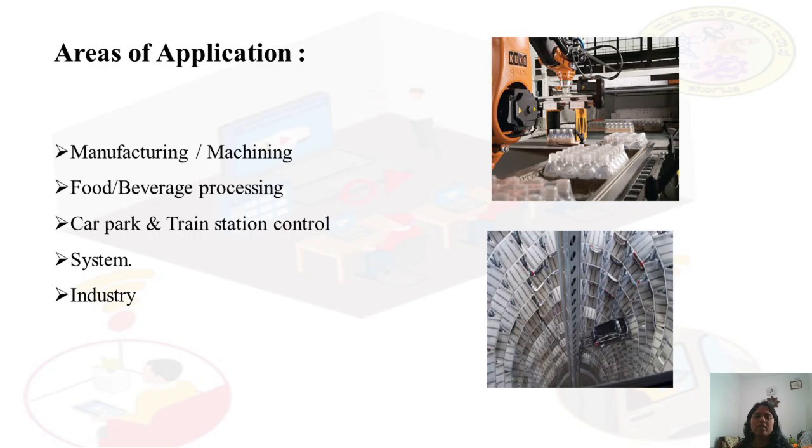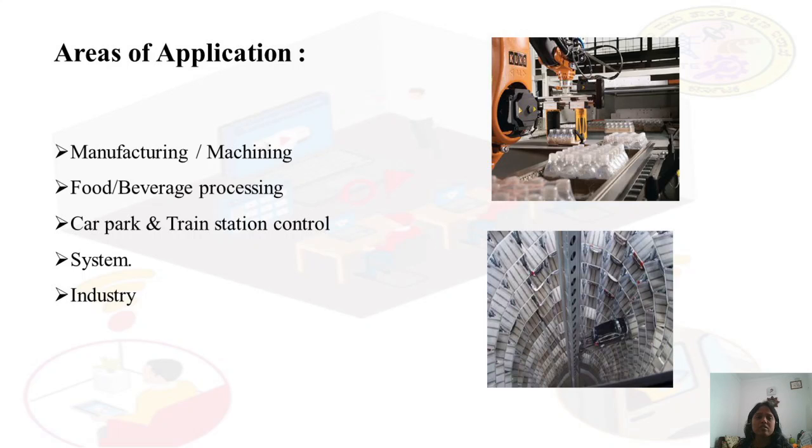And next, where these PLCs are used. Today, almost every industry uses PLCs, not even a single industry is there without the PLC. Everywhere, from the big industries to the manufacturing of even small toys, they are using PLCs. Understood?